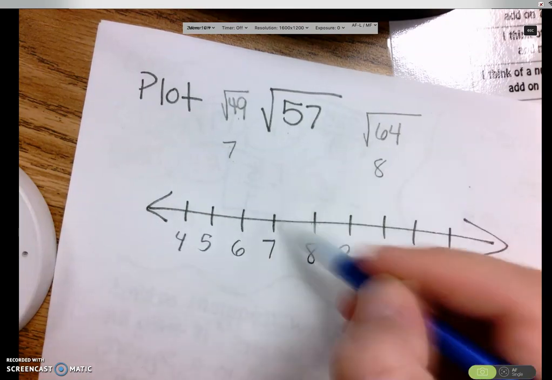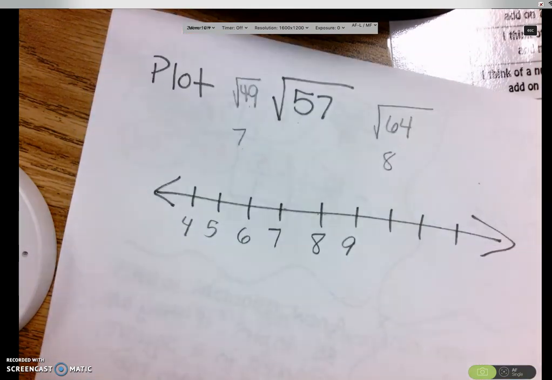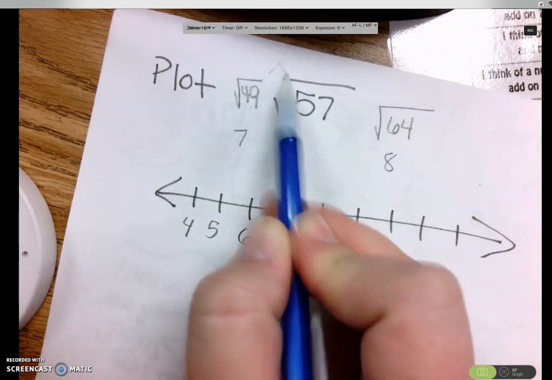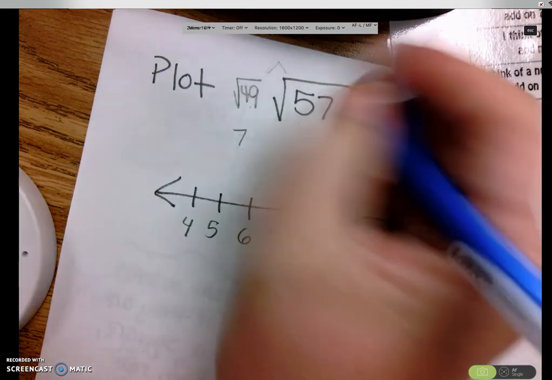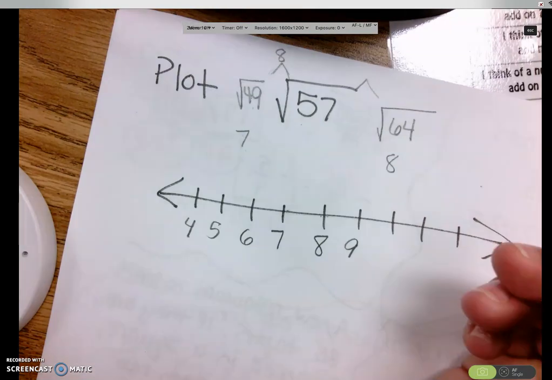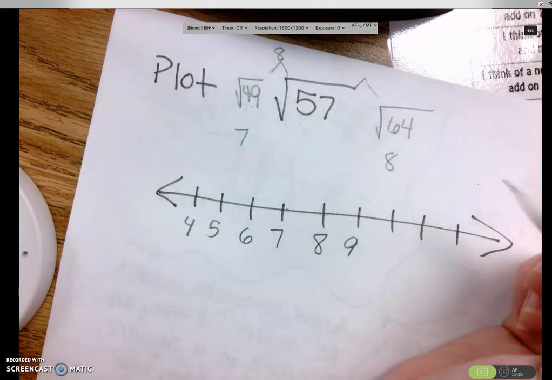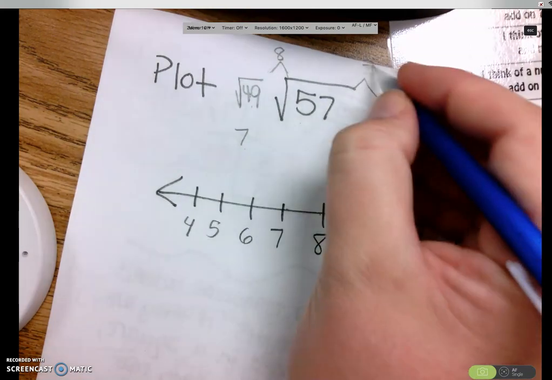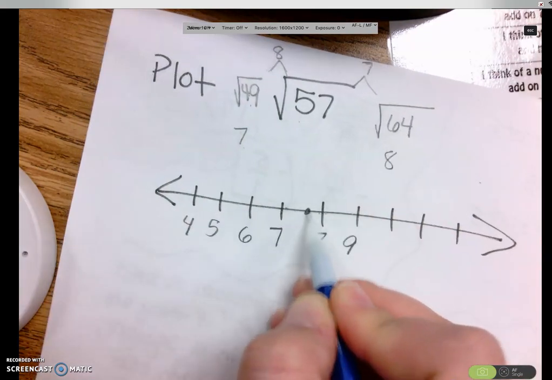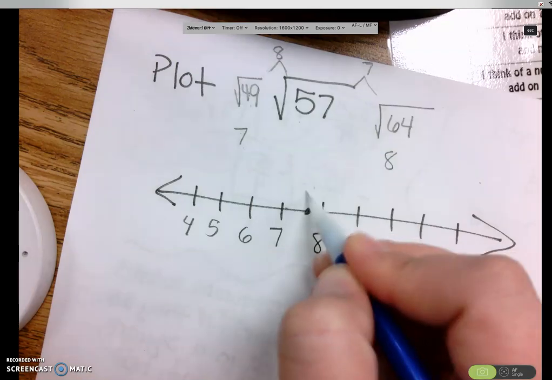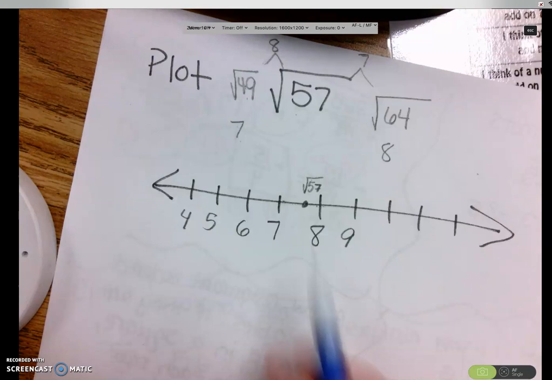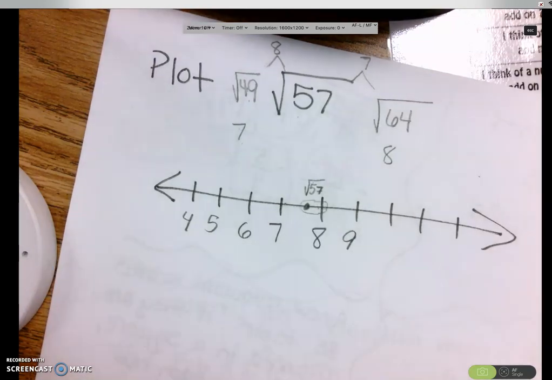It's going to be between here somewhere, but it's got to be a little closer to one than the other. So 49 and 57, how much is the difference there? 8. And 57 and 64. I think it's 7, isn't it? So it's going to be really close, and I don't think your number on your test will be this close. But you're going to want to show that it's closer to the 8.